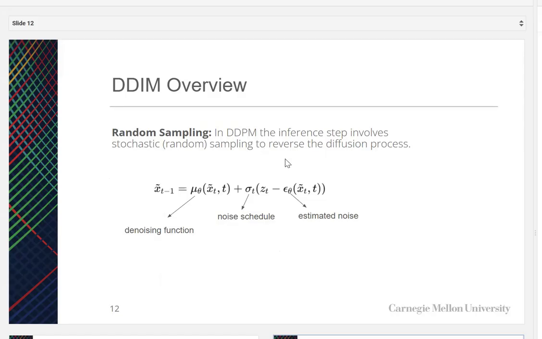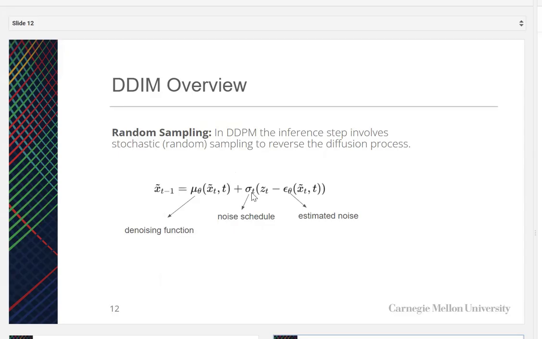In the DDPM, the inference step involves random sampling to reverse the diffusion process. So here is the denoising function. This term represents the mean calculated by the model at time step t, which is the prediction of the clean data if no noise was added at step t.